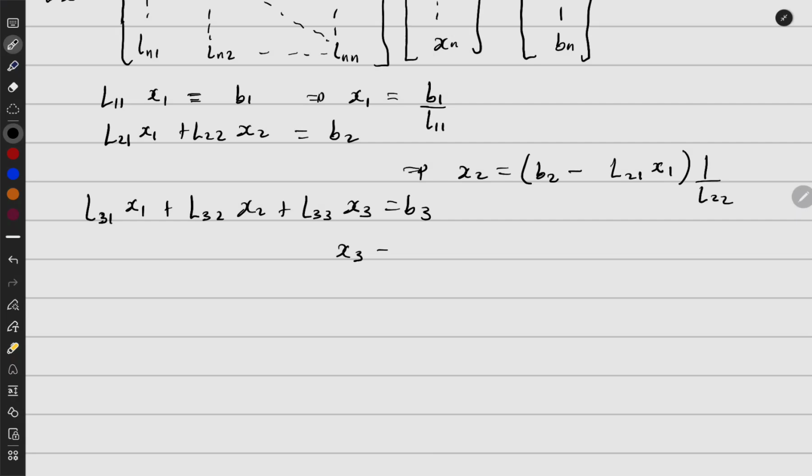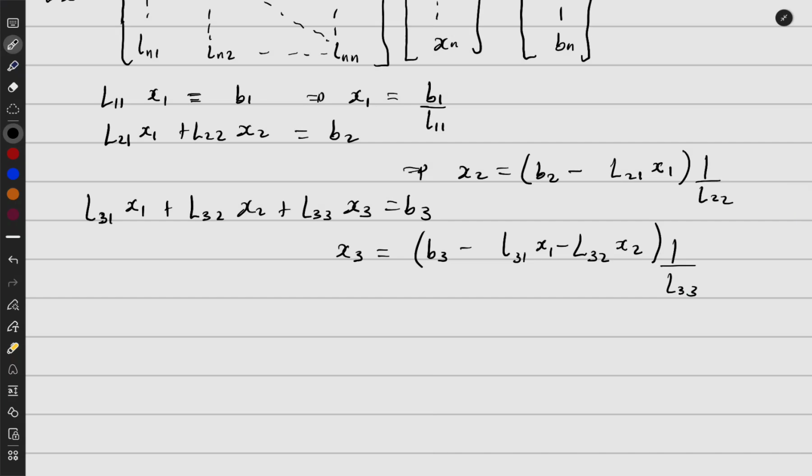So if you still try to solve, you find that this is going to be B3 minus L31 X1 minus L32 X2, and this entire thing is still out of L33.